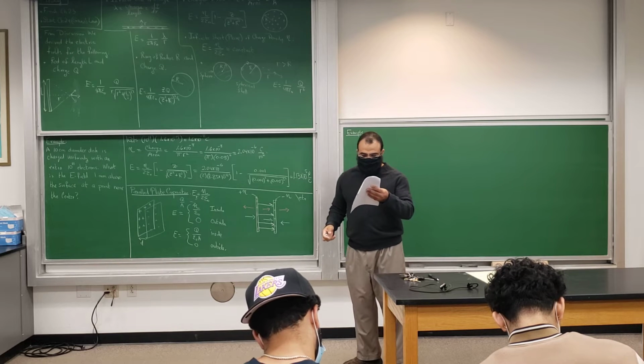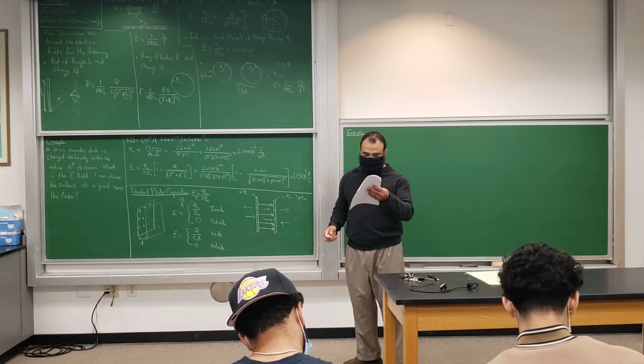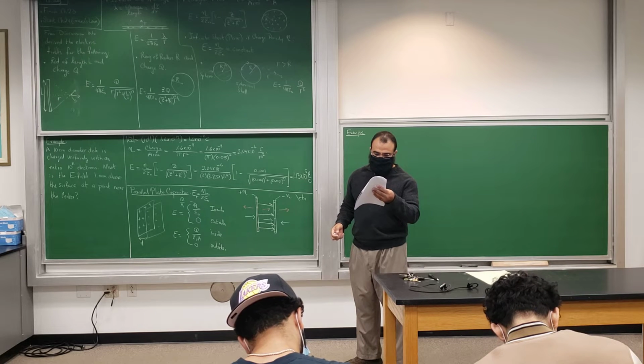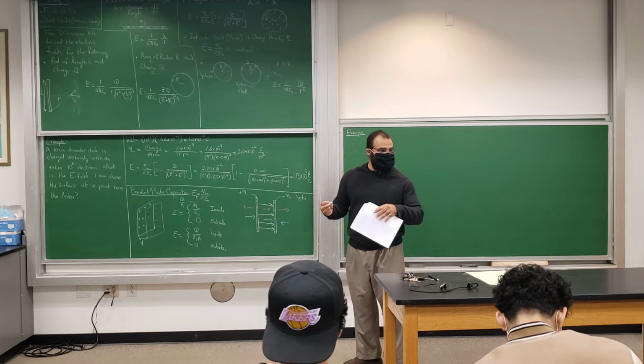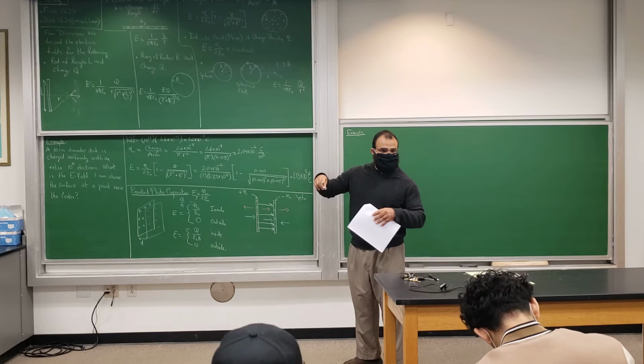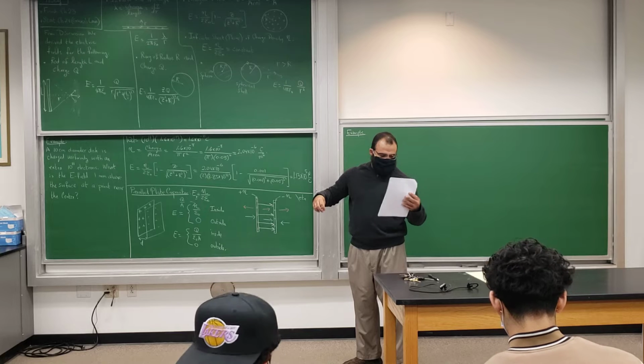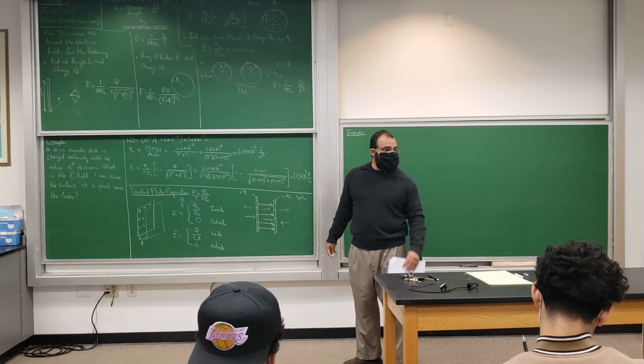We have a parallel plate capacitor, and the plates are 1 centimeter by 2 centimeters. The length is 1 centimeter, the width is 2 centimeters, or the length is 2, the width is 1. The distance between the plates is 1 millimeter.